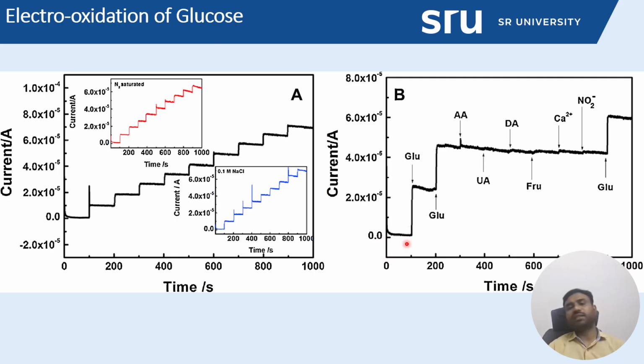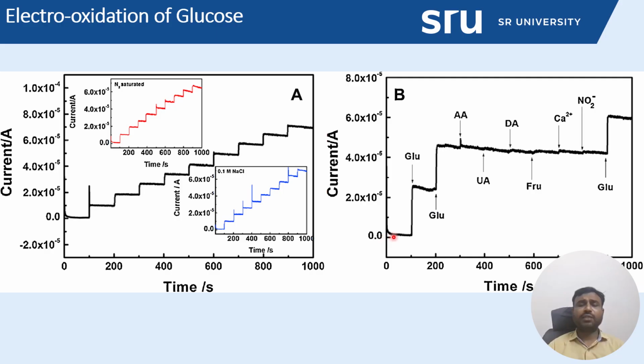For example, this is the selectivity study we performed using amperometric measurement at the copper sulfide modified electrode surface. For the initial 100 seconds, we did not add any glucose, and we run the modified electrode.